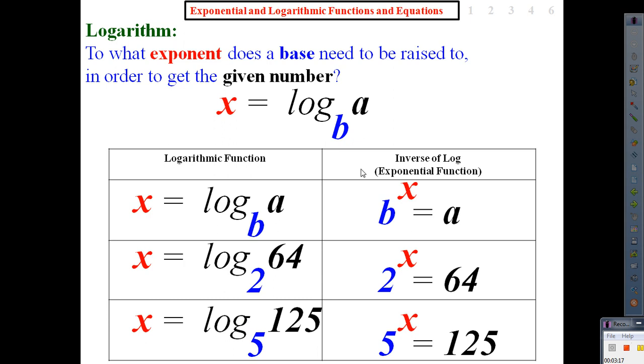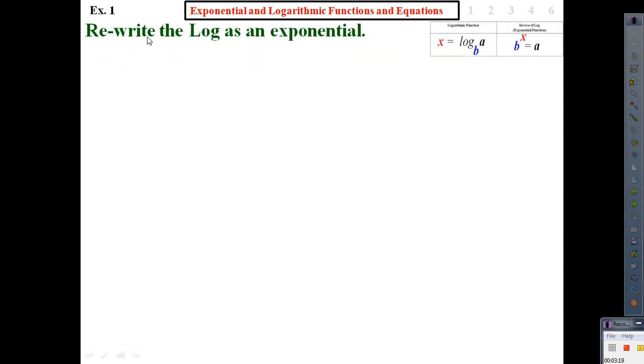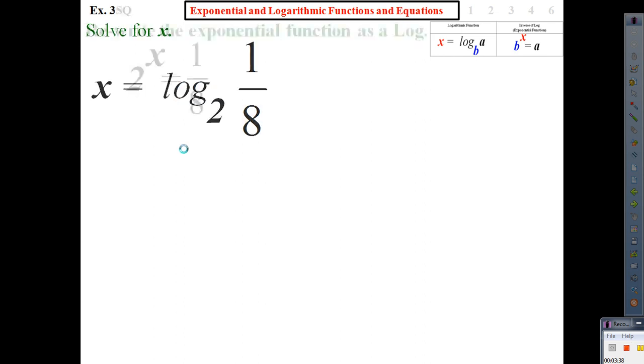Then we got into some more practice. I said, let's rewrite the log as an exponential. So I gave you example 1, 1q. Example 2 was rewrite the exponential as a log, and we rewrote that, this, and that.